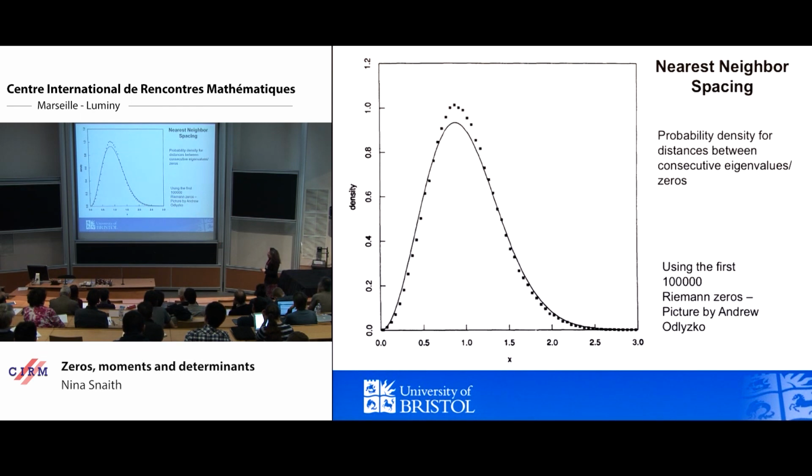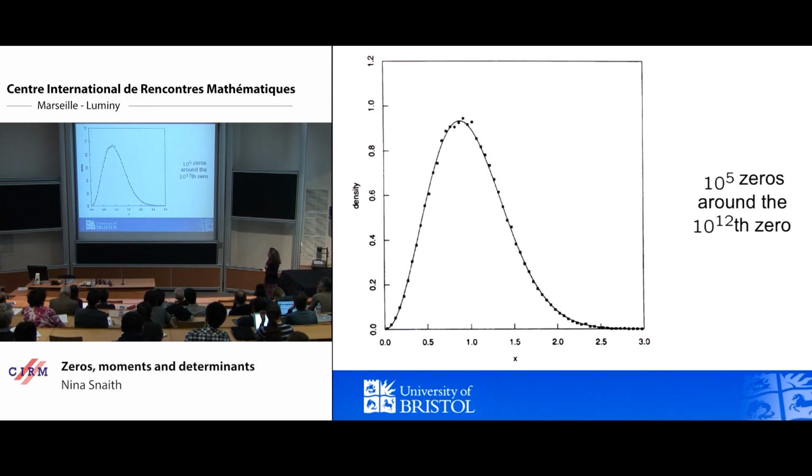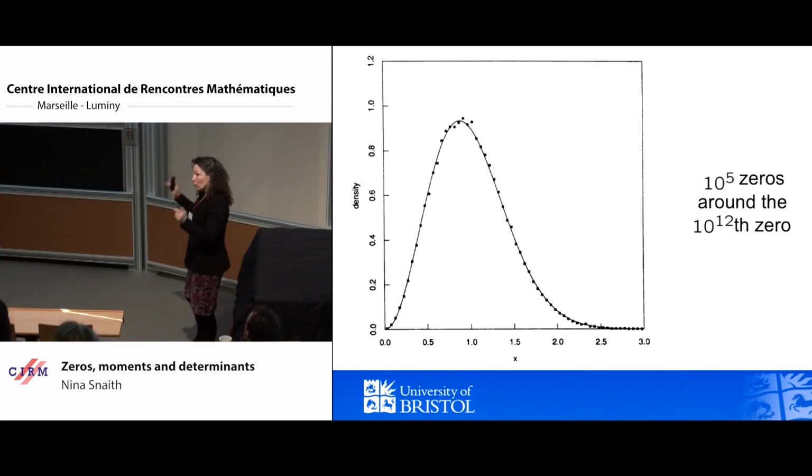Then Odlyzko also gathered 10 to the 5 zeros around the 10 to the 12th zero. So this is moving higher up on the critical line and taking a batch of zeros up there. Again, he calculated the spacing distribution, spacings between the Riemann zeros, and it shows an even nicer fit to the large unitary matrix results, the eigenvalue spacings of large unitary matrices.